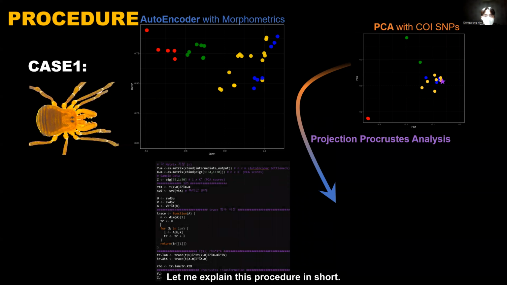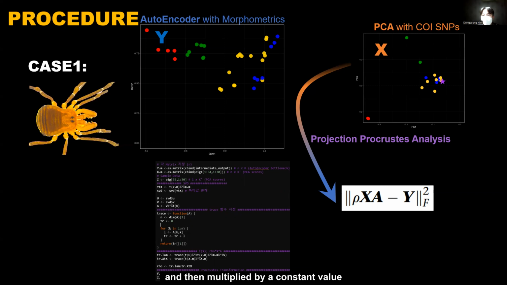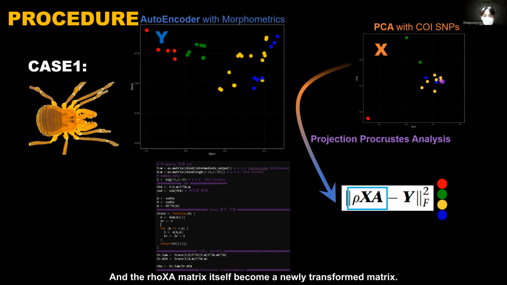Let me explain this procedure in short. Let's denote the phenotype autoencoder bottleneck layer value matrix, that is the target of transformation, as Y, and the PCA scores matrix that is subject to transformation as X. At this point, the X matrix is multiplied by the A matrix to equalize the dimension with Y, and then multiplied by a constant value called rho, which is a constant that minimizes the difference with Y. And the rho XA matrix itself becomes the newly transformed matrix.